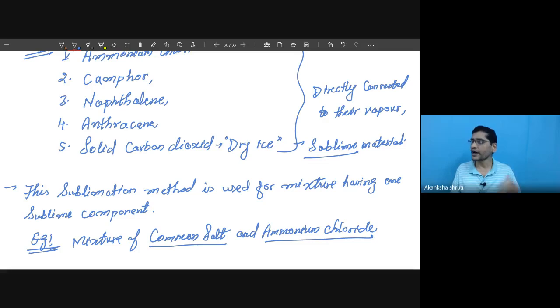Ultimately, this ammonium chloride will get vaporized. The chemical formula of common salt is sodium chloride, NaCl.